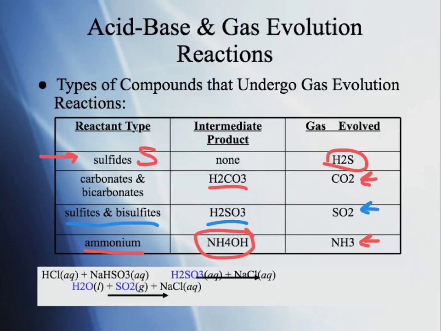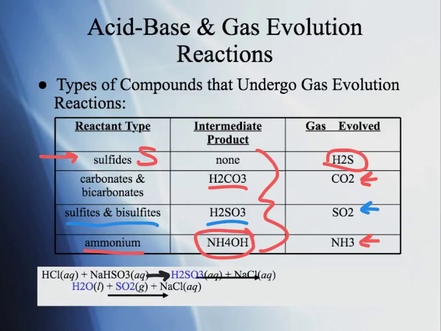Okay, so again, this is something that you will have on tests and quizzes, so you don't need to necessarily memorize it, but just know that it occurs, and anytime you see any of these guys here, you recognize that they are intermediate products and you're not done with your chemical reaction yet. You actually need to go one step further and say what gas will actually be made in the end. So here's an example.